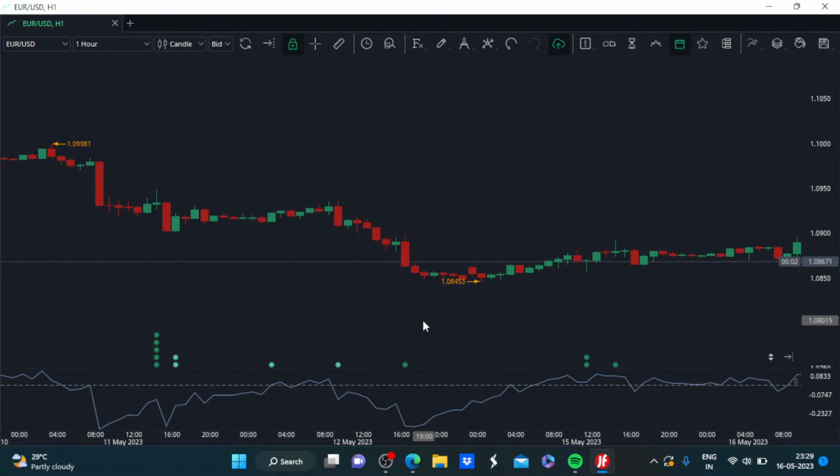If the momentum has been bearish, then we will see quite low values for the disparity index. And if things are going sideways, then the disparity index will show values close to zero.